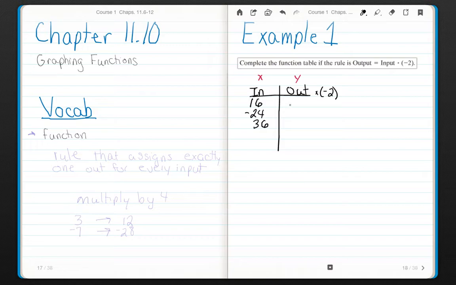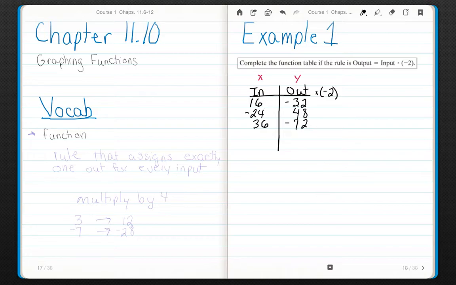So 16 times -2 is -32. I put in the wrong numbers, but that's okay. -24 times -2 is 48. 36 times -2 is -72.